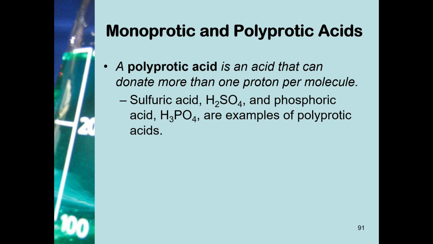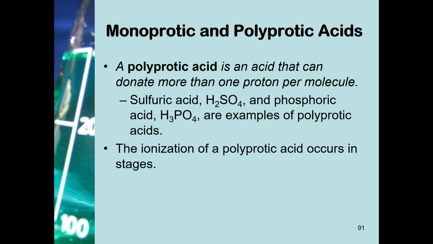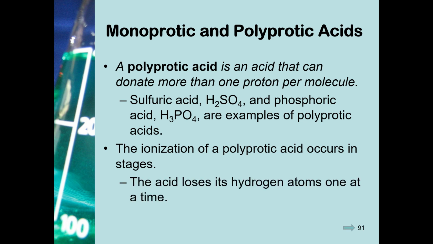So sulfuric acid can donate 2, and phosphoric acid can donate 3. But the ionization of these acids occurs in stages, like I showed you on the previous slide. An acid that loses its hydrogen atoms one at a time does so in stages, and each stage becomes more and more difficult to occur. And that's the end of this section.